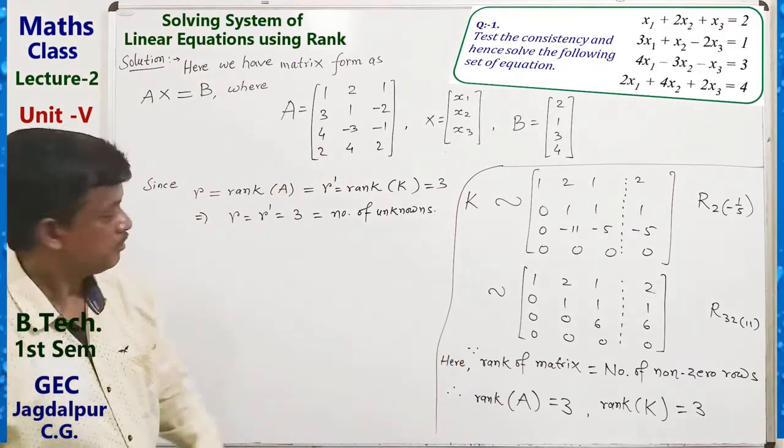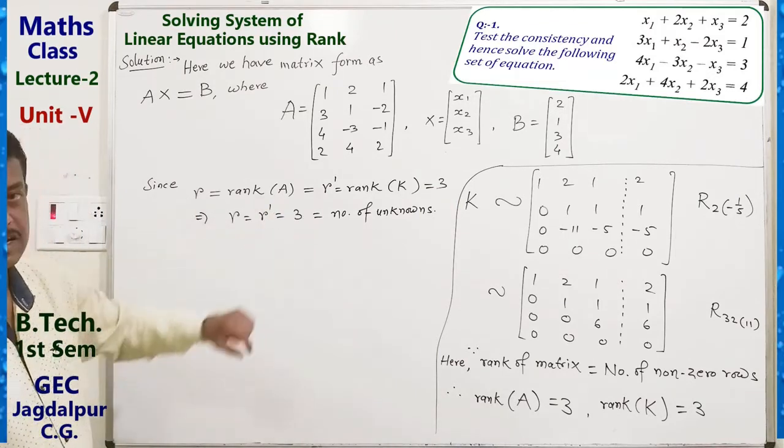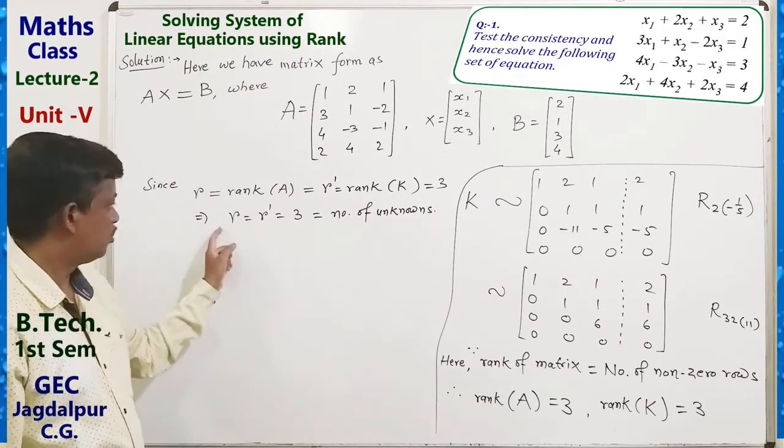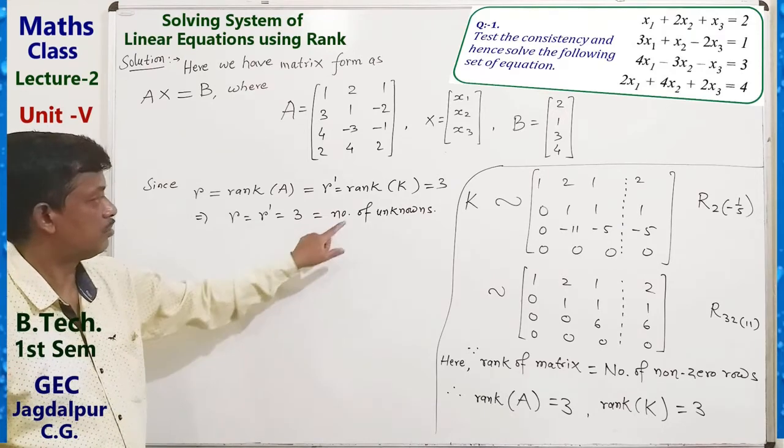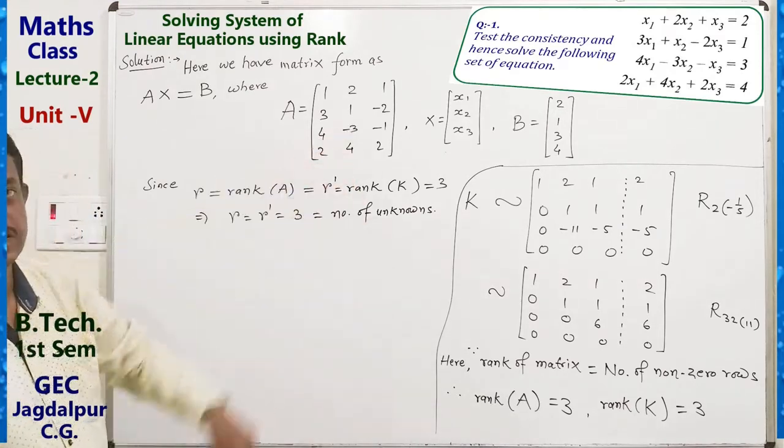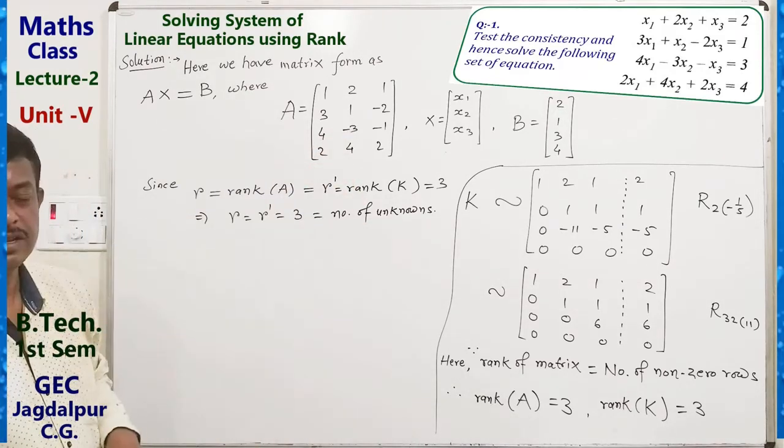Both ranks are equal: R, rank of A, and R dash, rank of K, are both 3. The number of unknowns is 3.